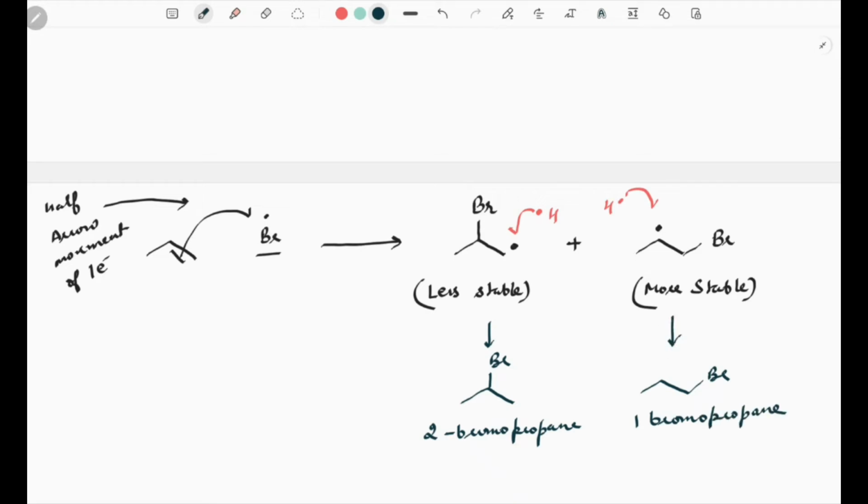As we have discussed earlier, all chemical reactions follow the path in which there is greater stability. So now more molecules will follow this path which offers greater overall stability.